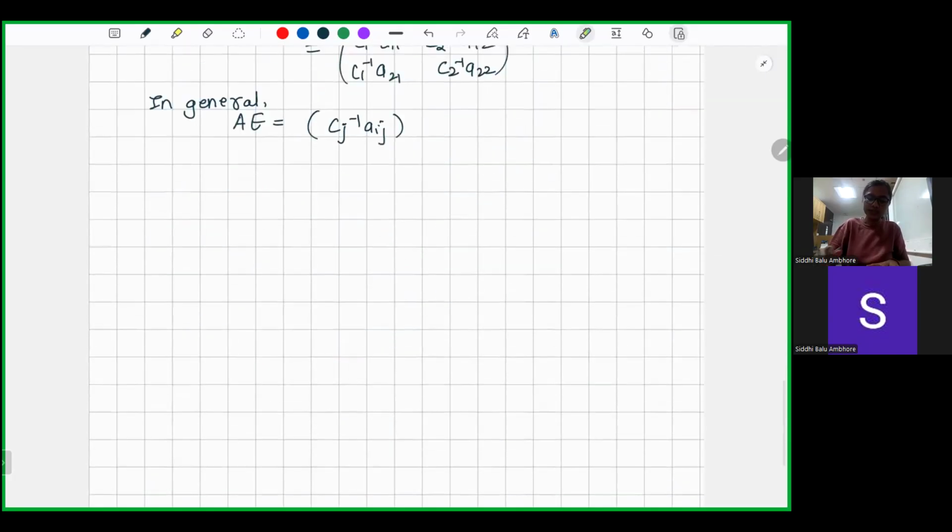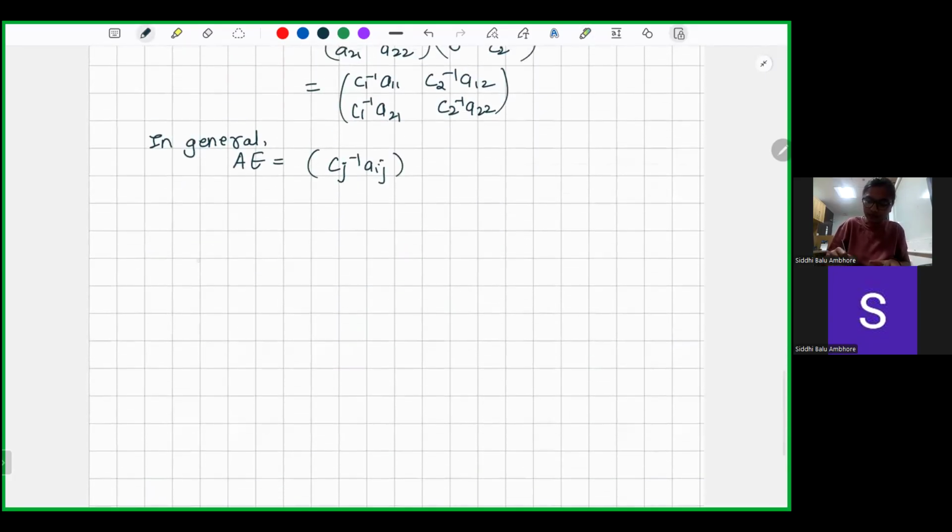Okay, so this matrix B, if you check, is nothing but DAE. You can check this for a 2 cross 2 matrix now. So hence we get B is equal to this DAE.